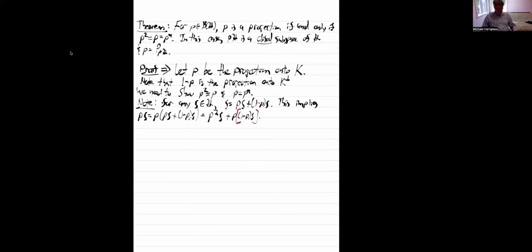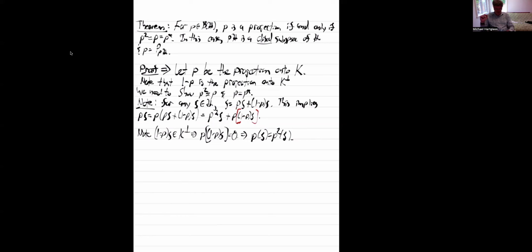Now we note by construction here that 1 minus P of C is in K perp, which implies that if I apply P to this thing, I get 0. Therefore, if I look at my above equation, P C has to be P squared of C because this term is gone. So P is P squared. If I do a projection twice, it's the same as doing it once. All right.